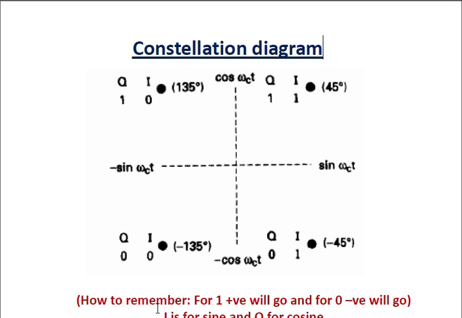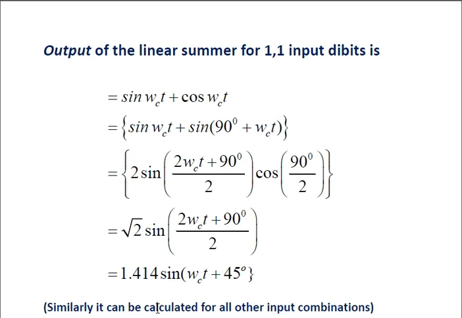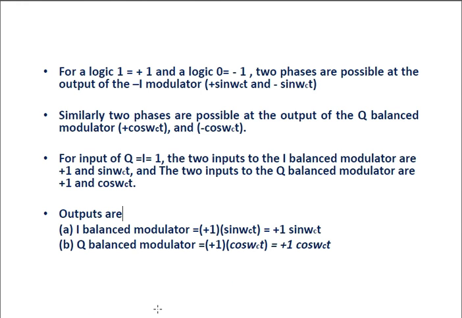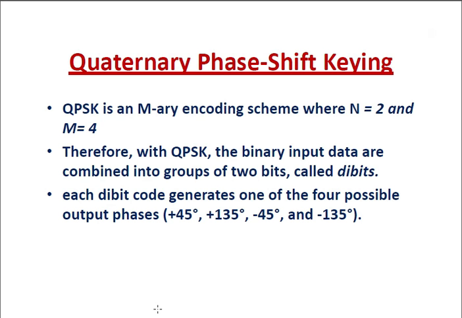Then its salient features, its phasor diagram, its truth table, its output, how it is represented and its equation. And the basic consideration, the QPSK transmitter, how to represent it, we have seen here.